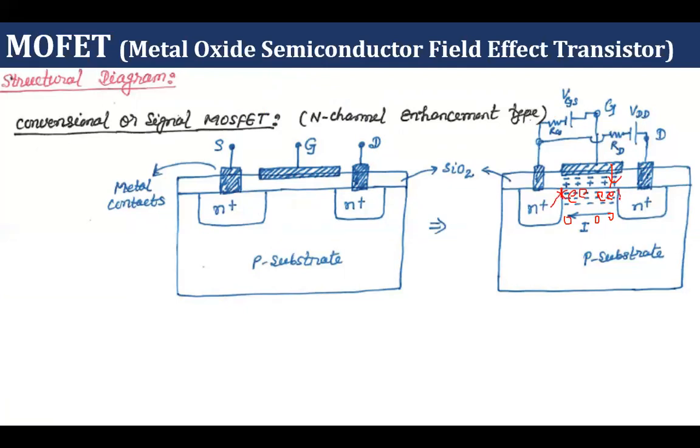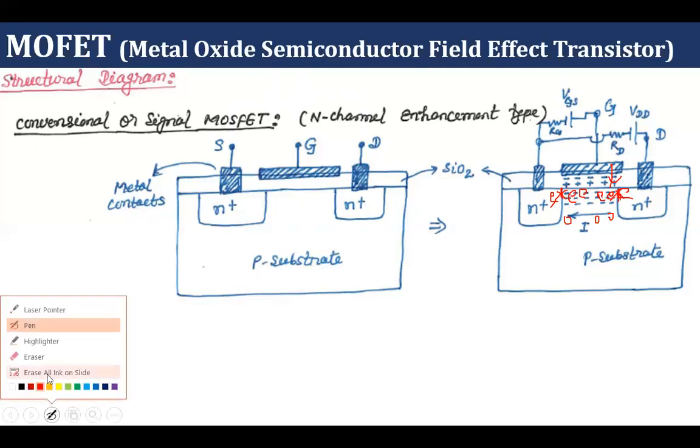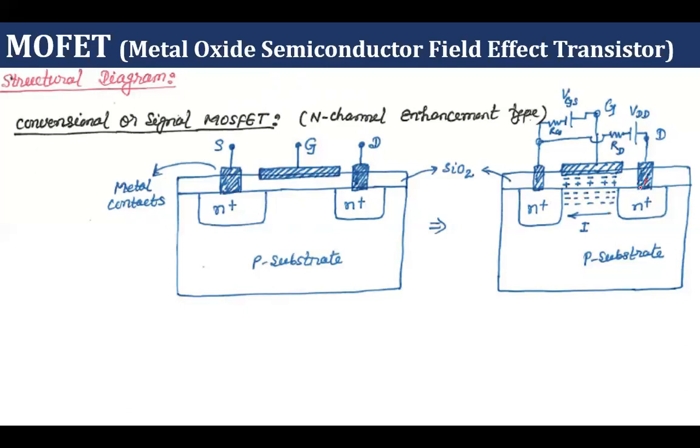Why will the PN junction vanish? Due to the accumulation of electrons. Here we have electrons, here also, and here also. Since on both sides we have electrons, the PN junction will not form. It will vanish, and so it will create a path, and now current will flow in this manner.